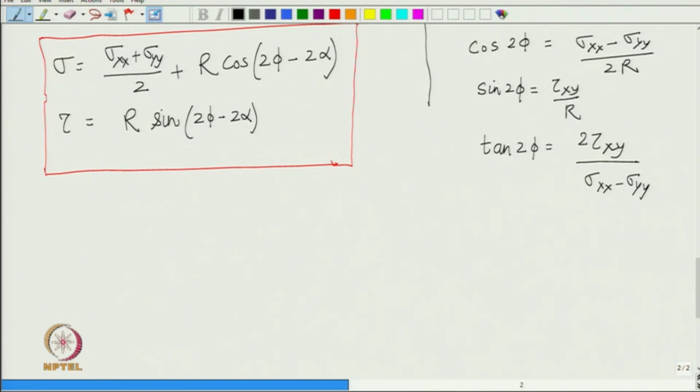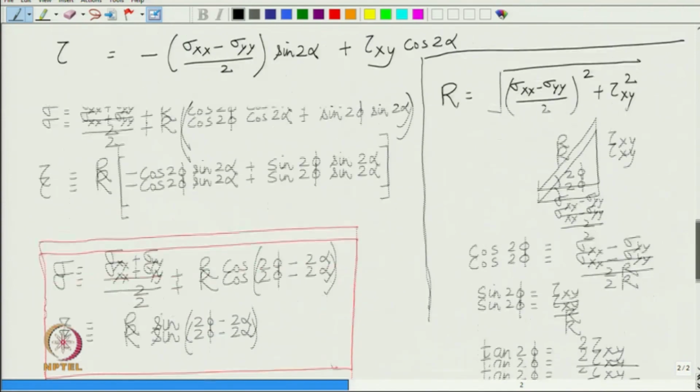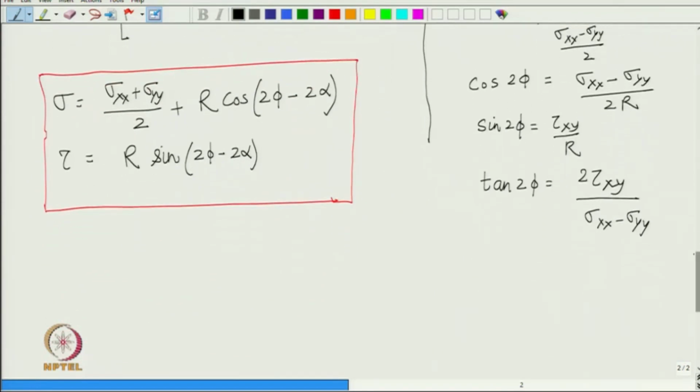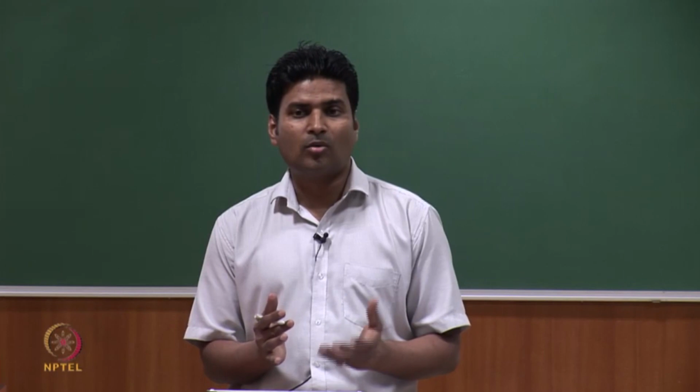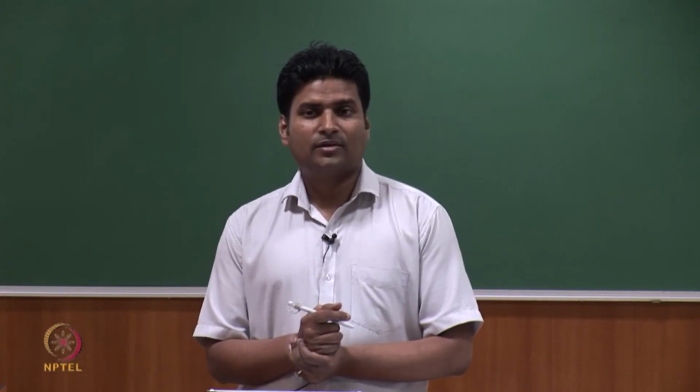Once you get your phi, you can also get the radius r, right. For radius r, you have to use this formula, square root of sigma x x minus sigma y y by 2 whole square plus tau x y whole square. You see r and phi, they are all in terms of the stress components, and then plug in your alpha here, right.